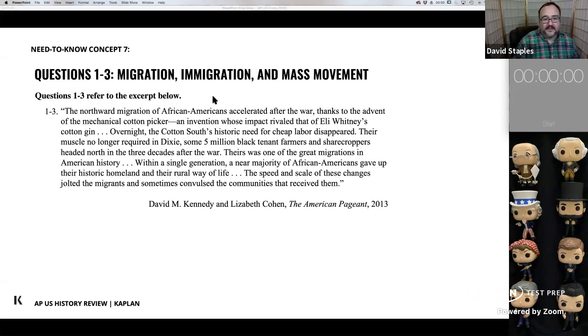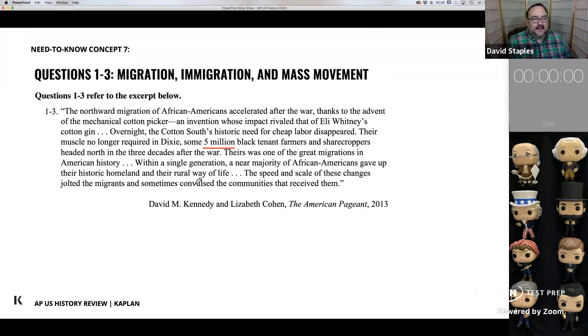If you're not familiar with this time period, look at this: 5 million people moved. That is an enormous amount of people.